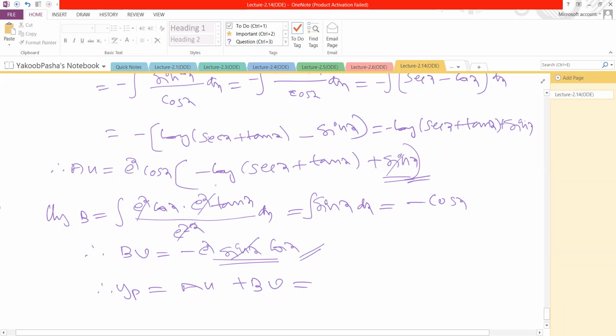So remaining is minus e power x into cos x into log secant x plus tan x. This is the particular integral. Okay. Now the general solution is y is equal to yc plus yp.